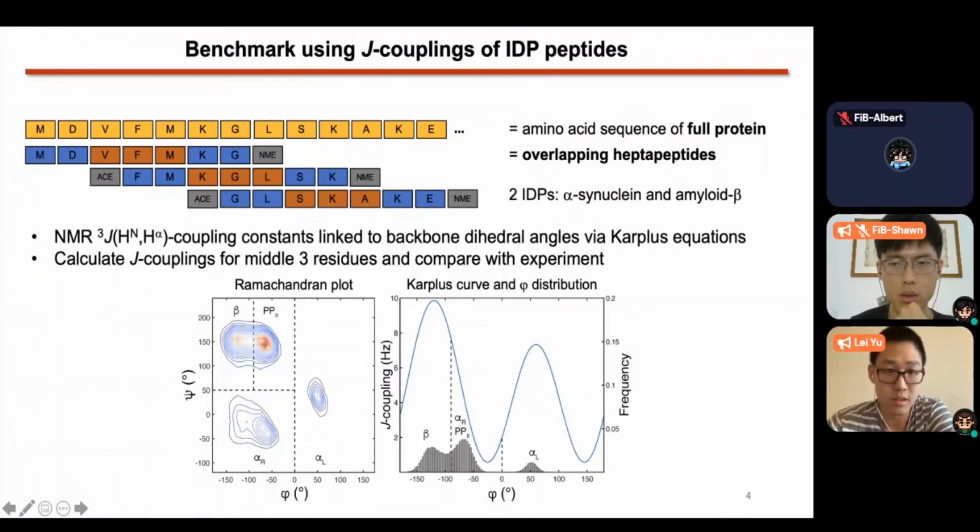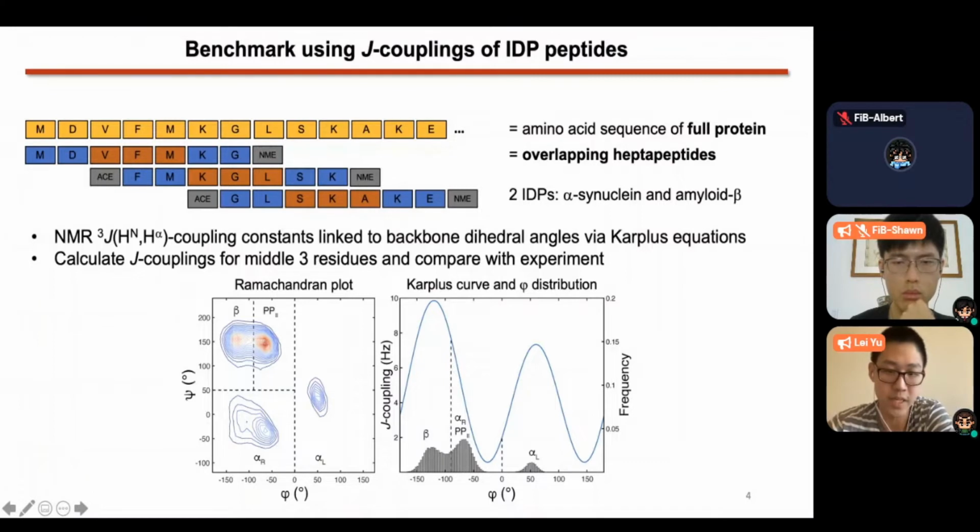The power of 3J couplings is that they can link your structure information, the populations in the Ramachandran plot, alpha R, beta, PPII, alpha L, and so on, to the J-coupling constant using empirical Karplus equations. So different regions give you different ranges of J-coupling constant.